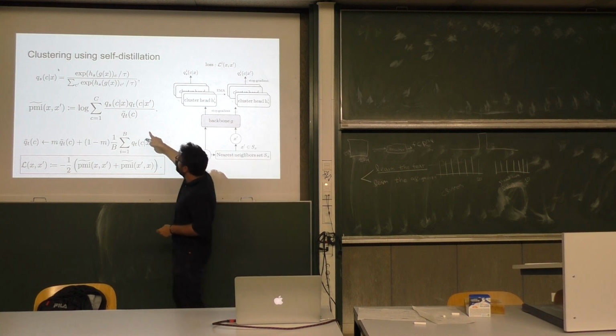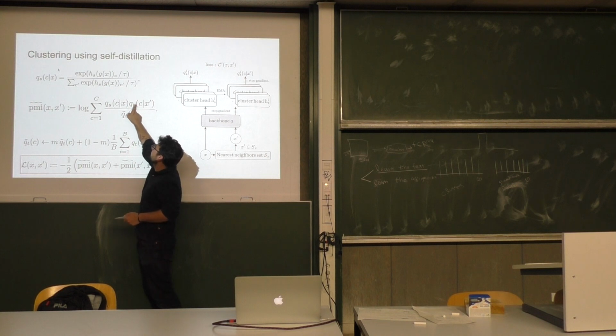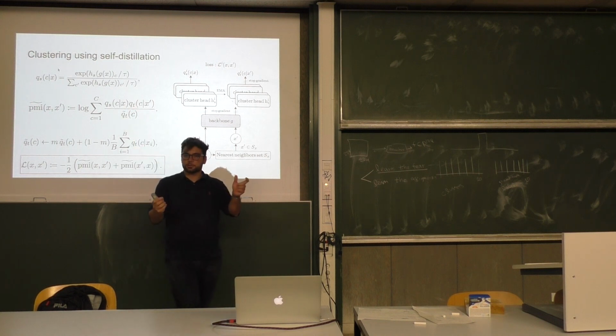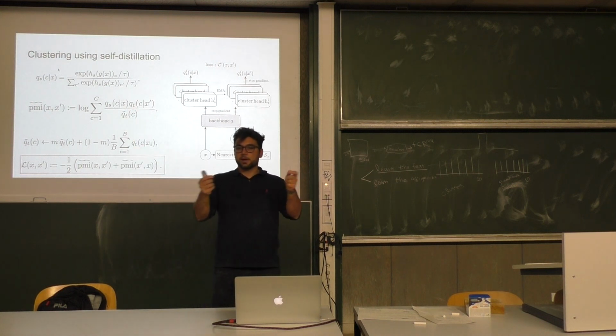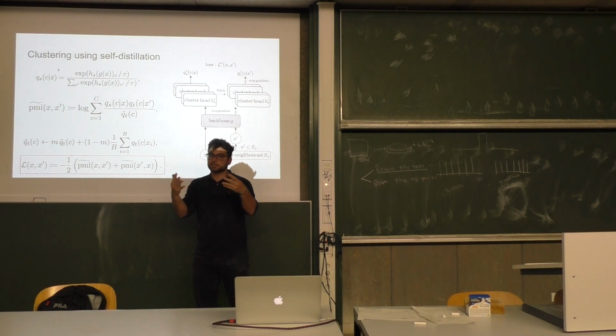And then we have this loss function, and you can imagine that the first term is similar to the first loss of SCAN, where you have this probability distribution and you have a dot product. It's exactly the same as in the first loss term of SCAN.